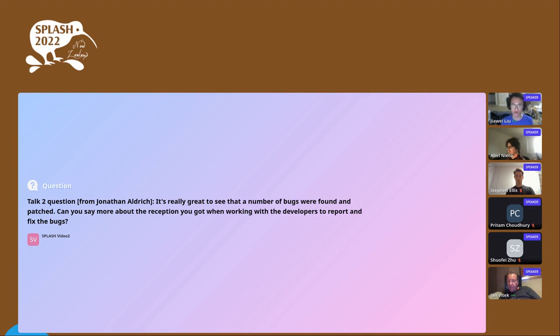If it's related to a critical path in the compiler, it usually gets fixed much faster. And if it's a bug that is less likely to happen in the real world, sometimes it will be kind of ignored. Yeah, that's fair, but 50-50 is pretty good already. So that's great.